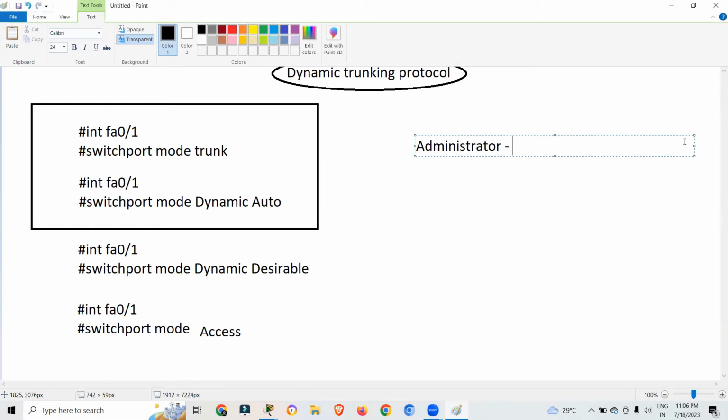Like you are the administrator, the person who does the configuration, right? The person who does the configuration. Okay. What is administrative mode?